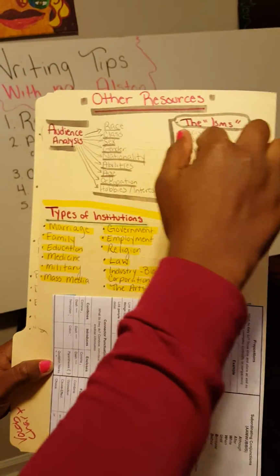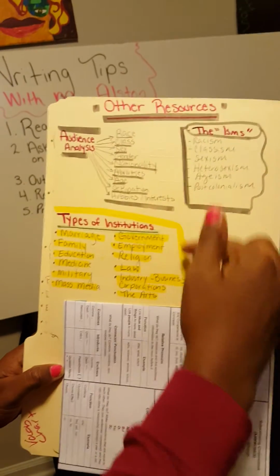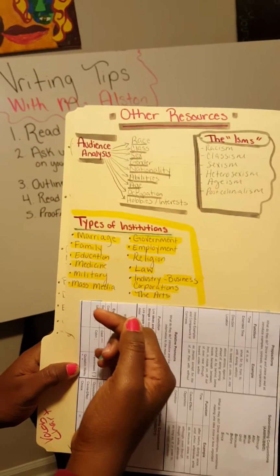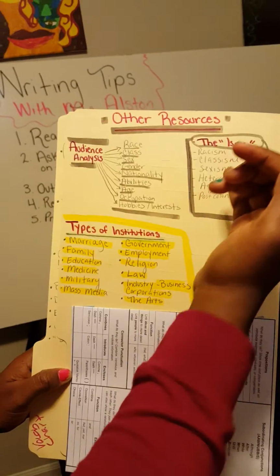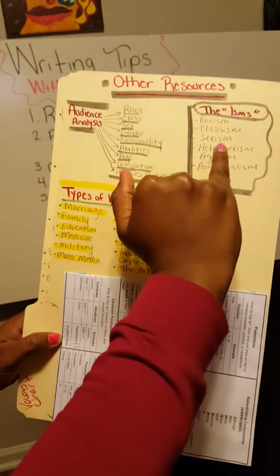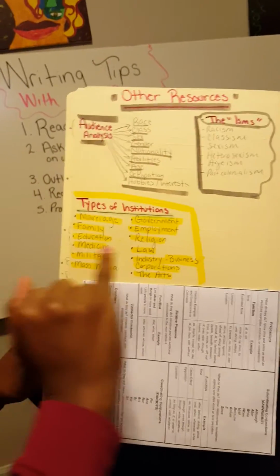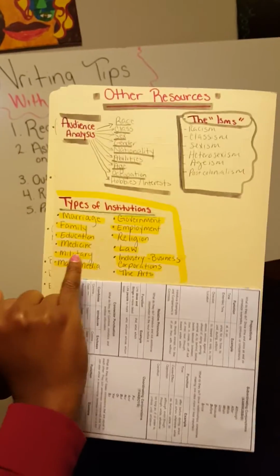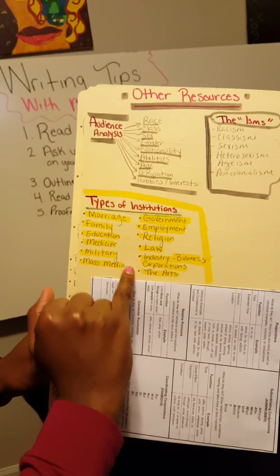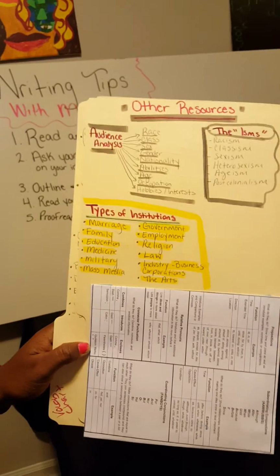So when you look at the isms, or you're talking about a social group, it also relates to types of institutions. So looking at maybe issues of classism within the marriage and family system, or issues of heterosexism when you think about employment issues. We have religion, law, industry, business, corporation, the arts, mass media, military, medicine, education.